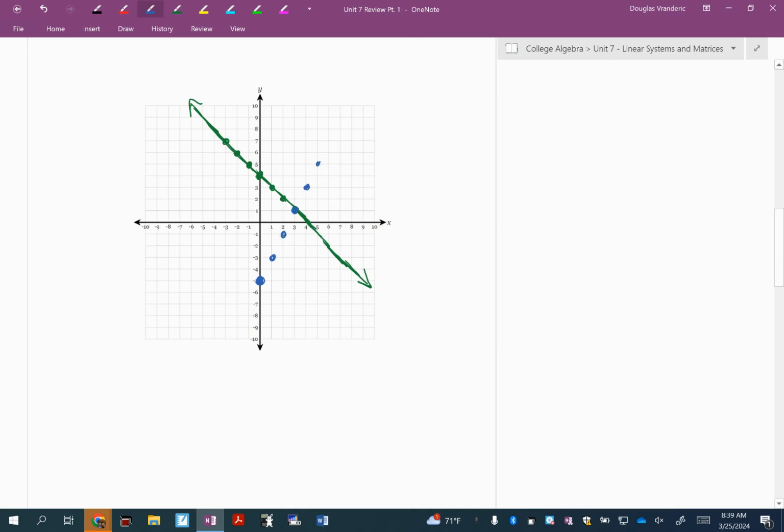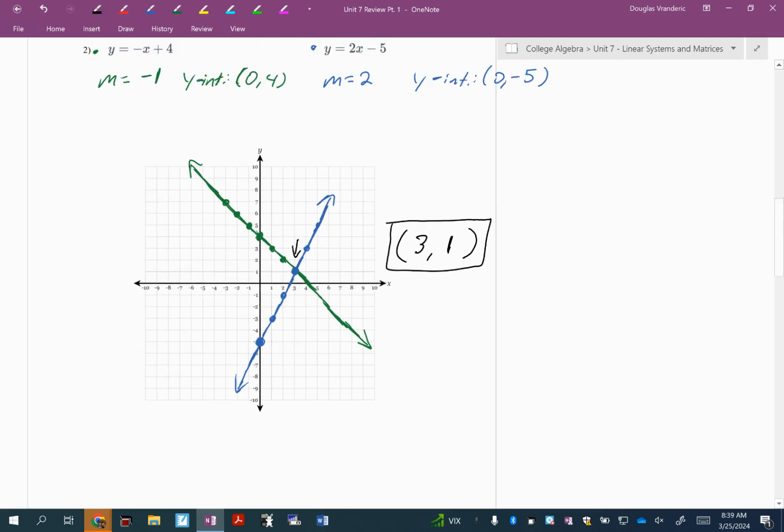That's an intersection point for the solution to this system. So right here, and that ordered pair is 3, 1. All right, so that is it for graphing.